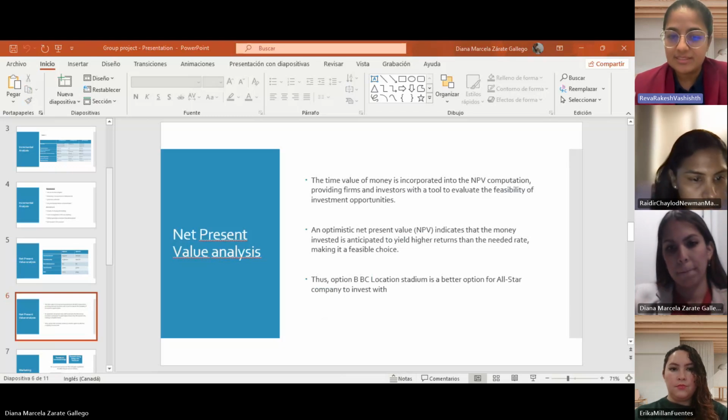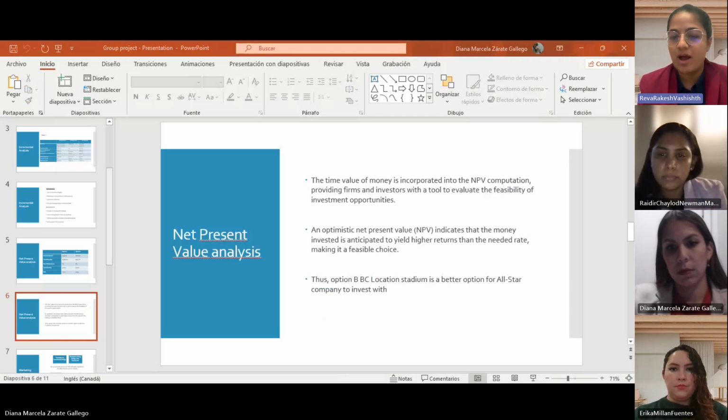Thus, as we can see from the table, option B has a higher positive number. Hence, All-Star Real Estate should go for the BC location. Now my friend Diana will be speaking on the marketing strategies.